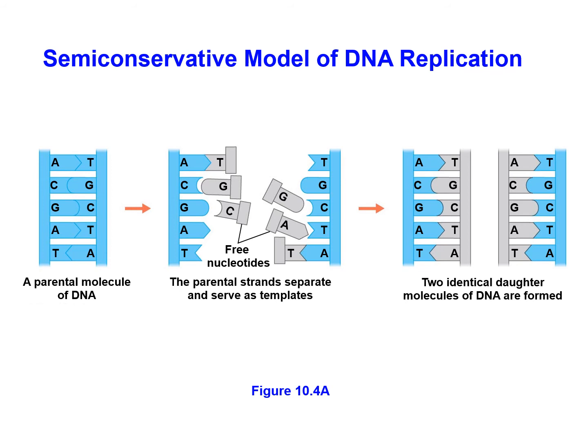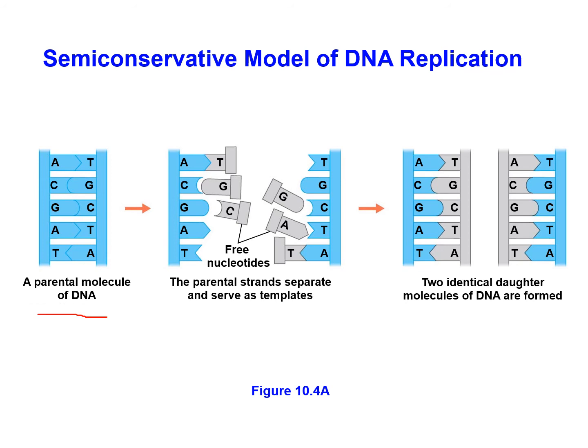So in this graph, I think this slide shows it a little better, a little bit easier to see than the previous figure that was in the book. We're going to start over here on the left. It's a single molecule of DNA. You have the left strand and the right strand.